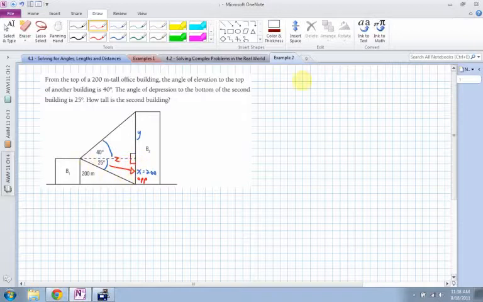So I have the opposite over the adjacent, so I'm going to be using tan. I'm going to be using tan of my angle, 25 degrees. That's going to be equal to my opposite, which is 200, divided by my adjacent, which is z.